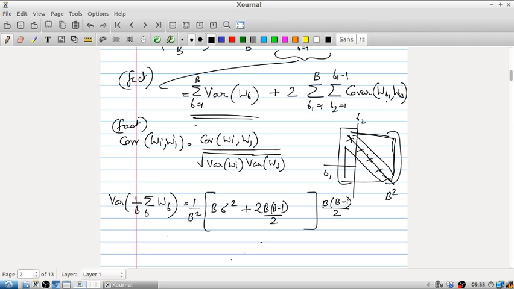Because they are identically distributed, each covariance term is the same, and we just said covariance is correlation times the square root of the variance times variance, and variance is the same for both of them, so it's going to be sigma square. And you can just simplify this, so it's going to be sigma square by B plus B minus 1 by B times rho times sigma square.